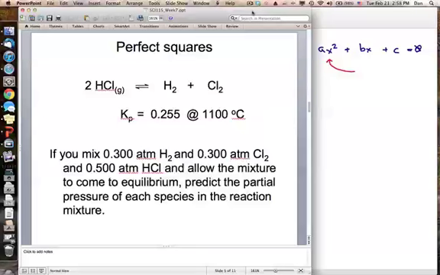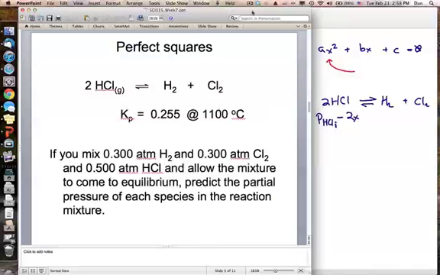So let's take a look at a situation where we have the following: 2HCl gas in equilibrium with H2 plus Cl2. We know that at equilibrium, the partial pressure of the HCl will equal the initial partial pressure minus whatever is consumed in the reaction, in this case 2x.